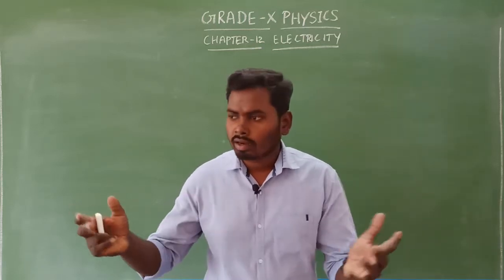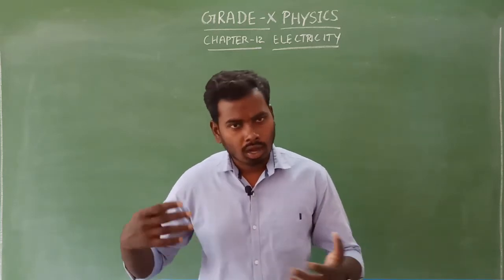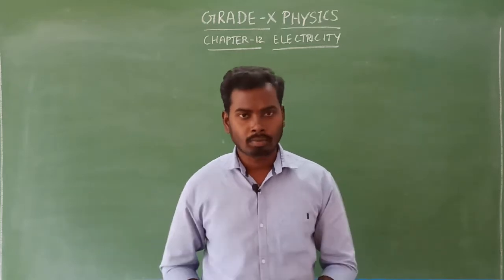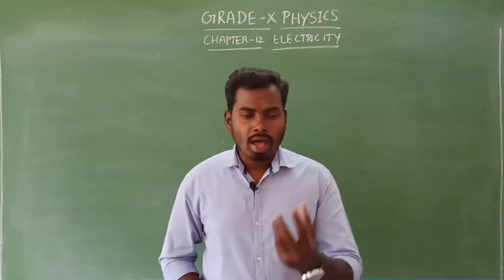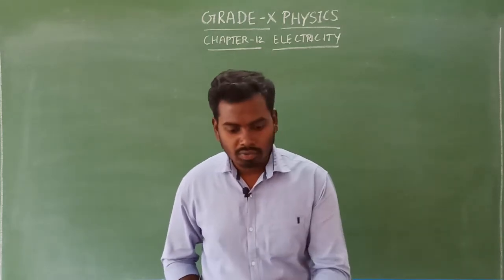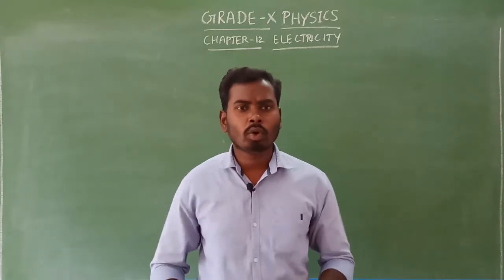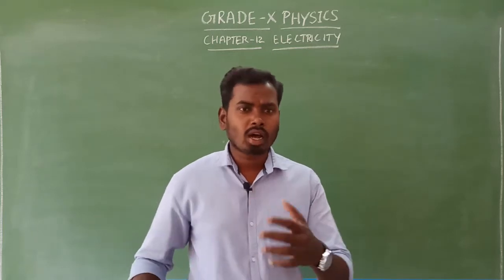Because most of the electrical appliances have a power rating like 100 watt, 200 watt, 1000 watt, 2000 watt and 3000 watt and so on. Here 1 watt is a very small unit. As well as here the time value is 1 second. The SI unit of time is 1 second, but most of the electrical appliances function for hours, like 3 hours, 4 hours, 10 hours, more than 10 hours.